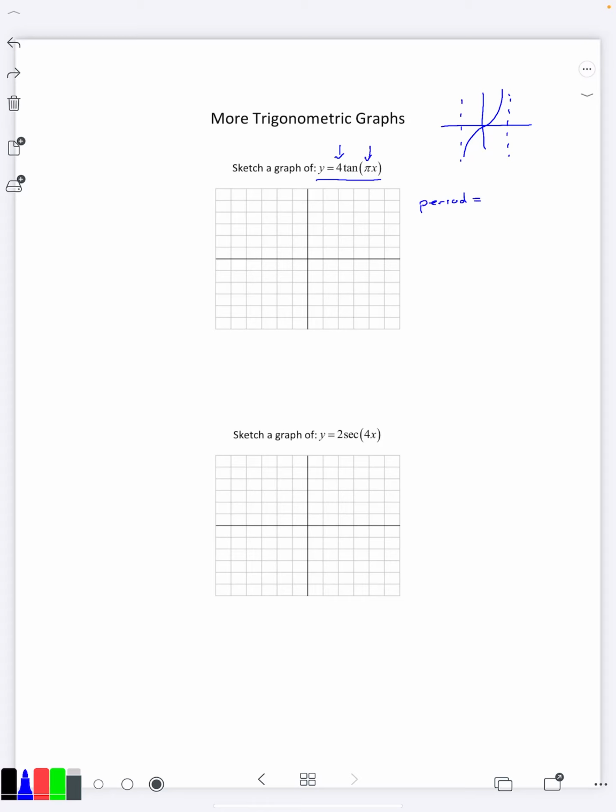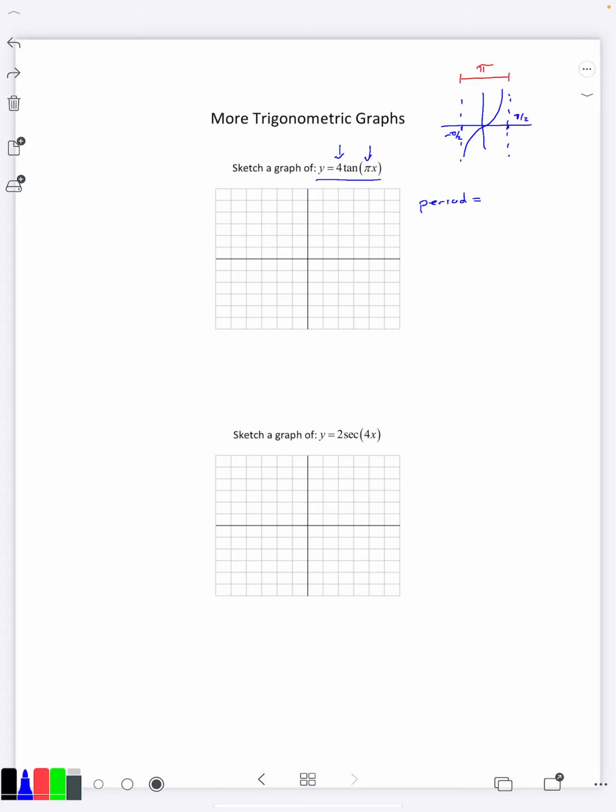However, for tangent graphs, if you remember, the period of tangent by itself is just 1 pi. So the vertical asymptotes start at negative pi over 2 and positive pi over 2. That's a length of pi before the graph starts repeating itself.